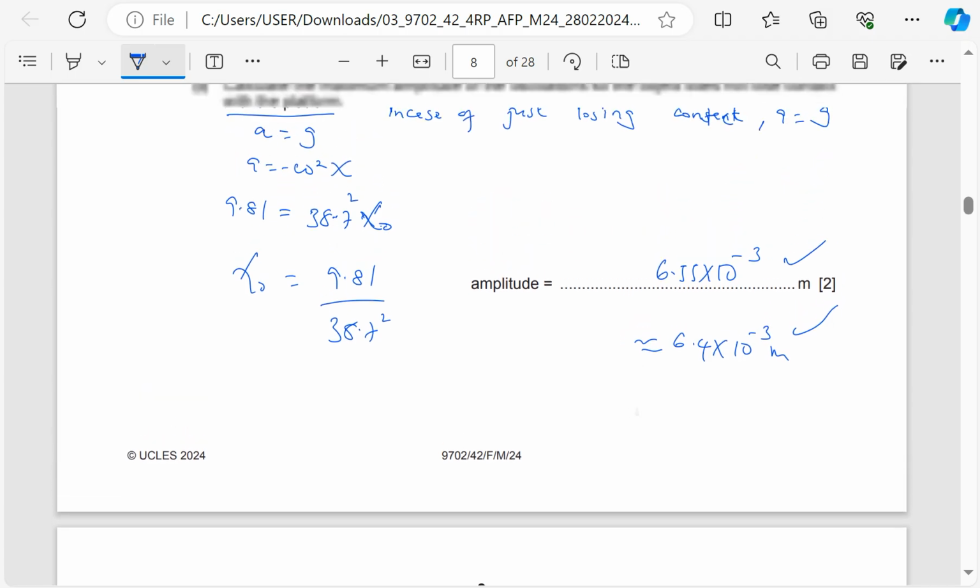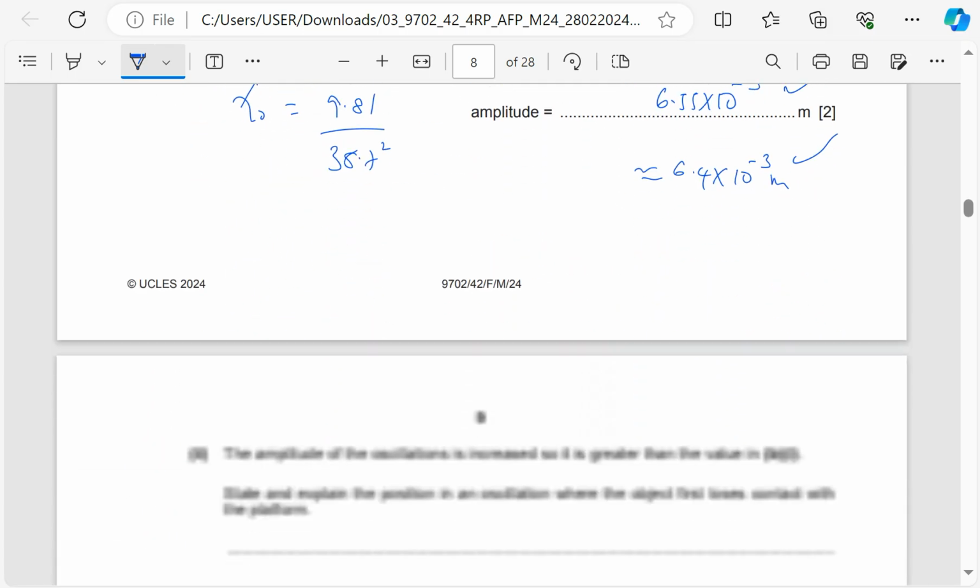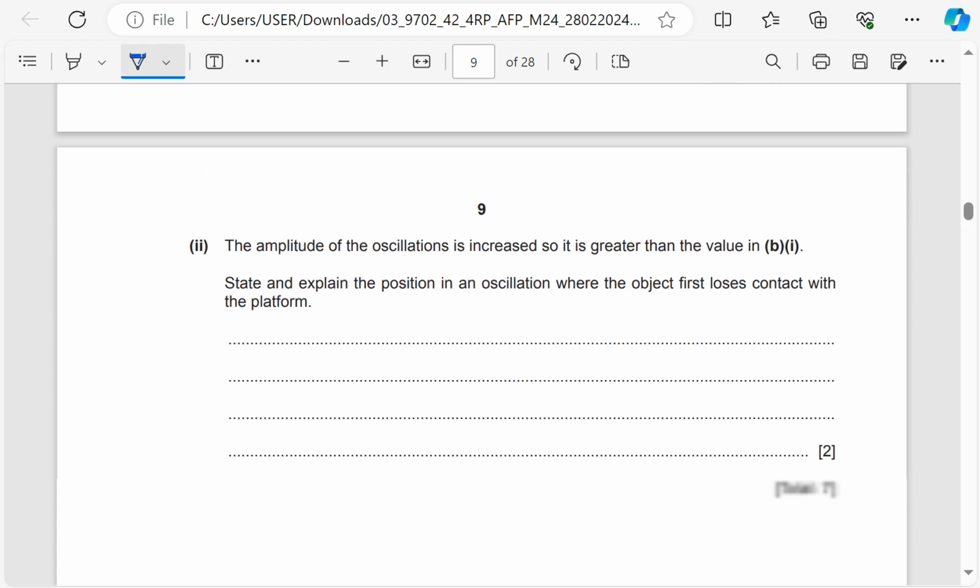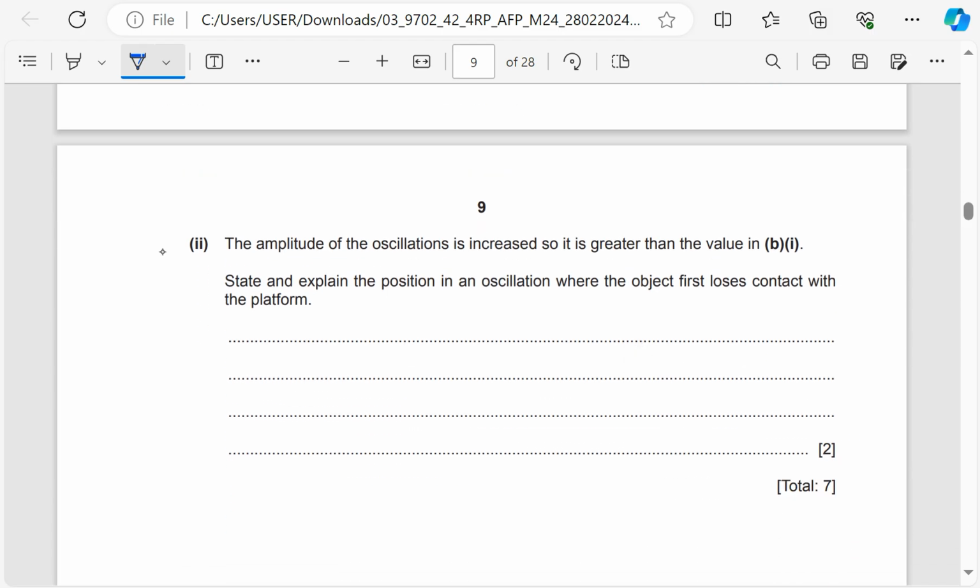Of course, the object first loses contact when it is actually at the highest point, when the platform is at the highest point, or when it is at the maximum displacement, but that is basically at the top of its oscillation. If you have watched my videos of simple harmonic motion, you must have seen such a question. I have already answered it.